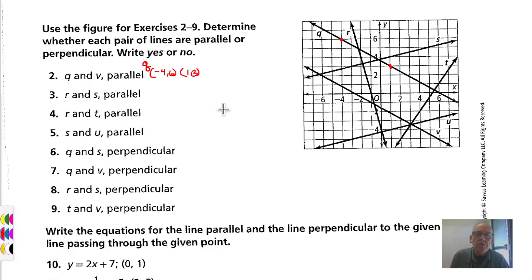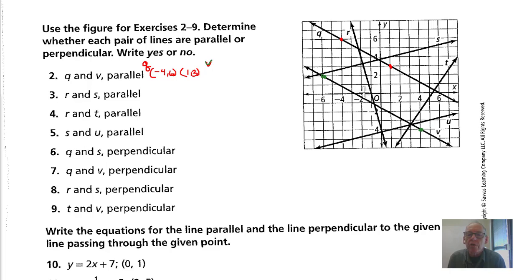And we need to also find the slope of V. Change colors. So V is this line here. Where's the place it goes through? Here, it goes through right there, and right there. So there's 2 places I can see where it goes through the grid.